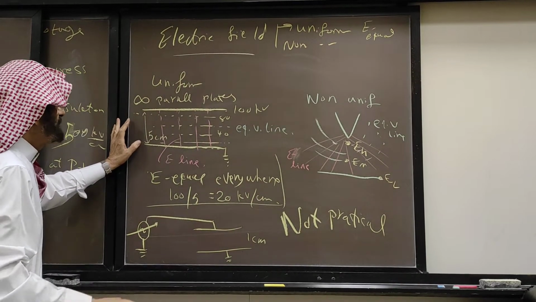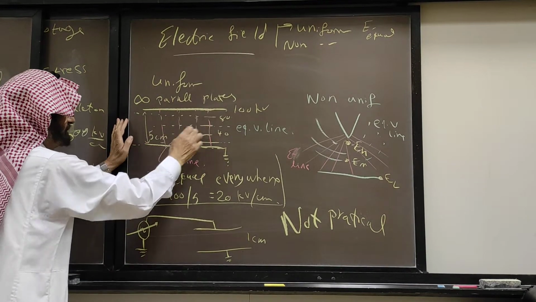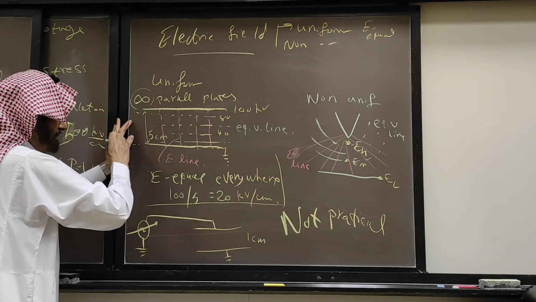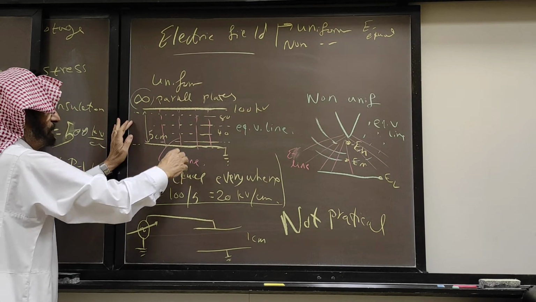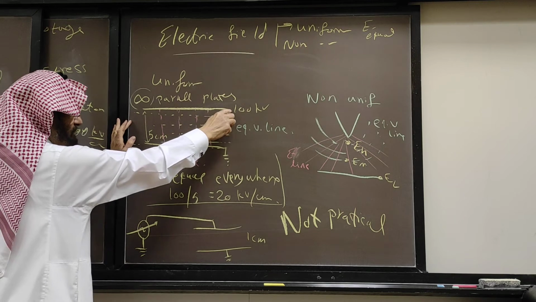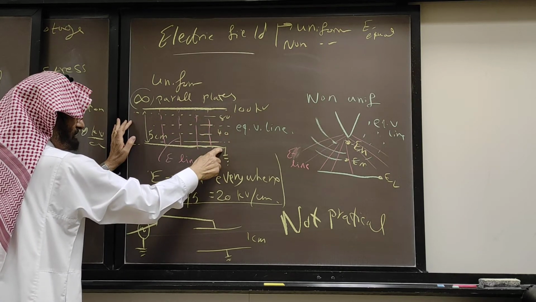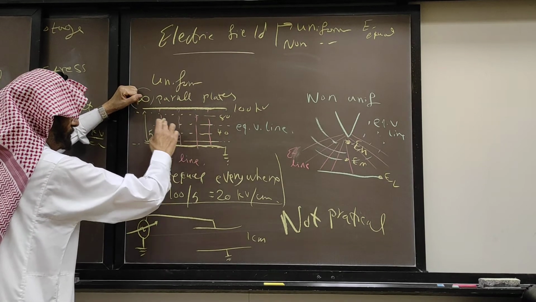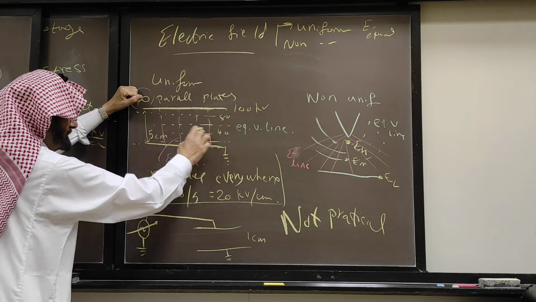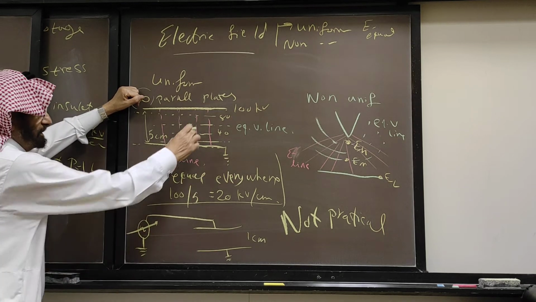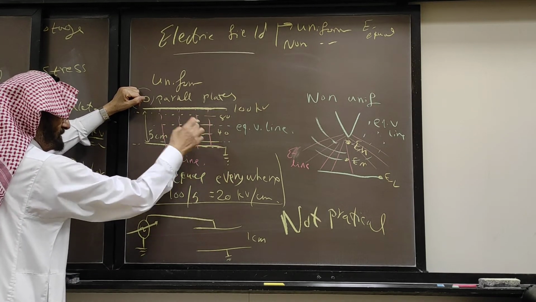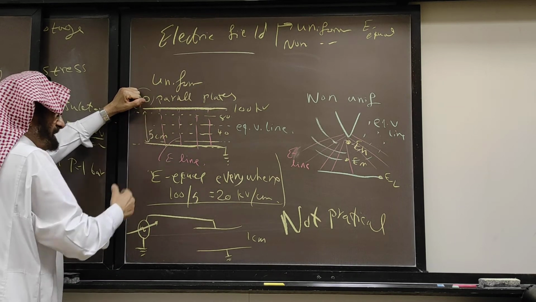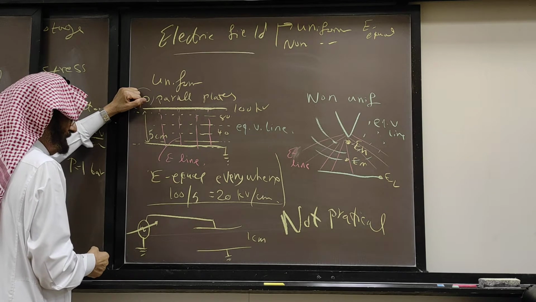What is uniform field? If you have two infinite parallel plates, horizontal and parallel, you will have an electric field. If you have 100 kilovolt here and 0 ground here, the equipotential lines will be straight lines, for example 80, 60, 40, 20, 0. The perpendicular to them is called the electric field line.